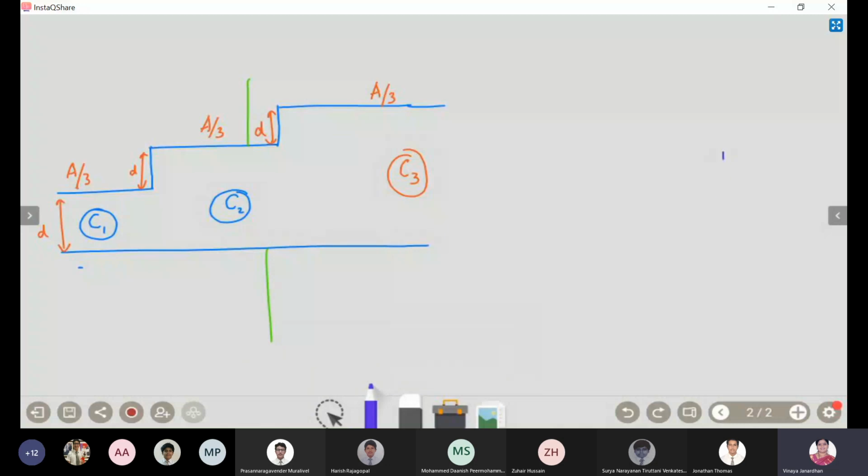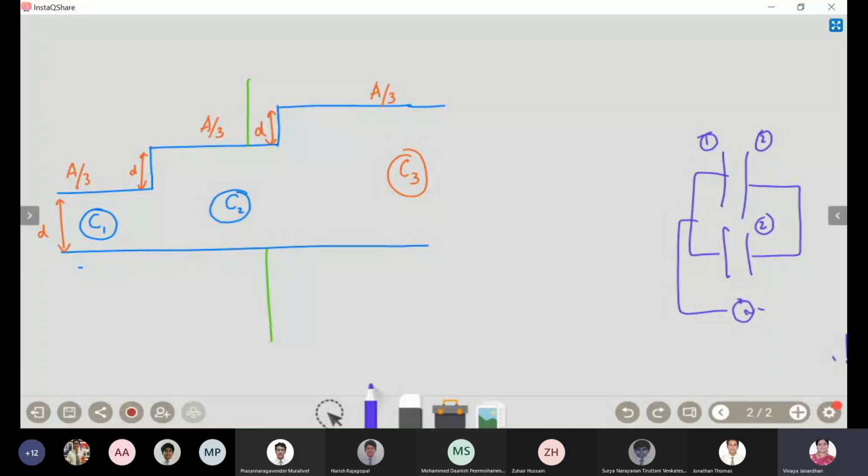Now, suppose I have two capacitors. The second plates of the capacitors are directly connected, and the first plates of the capacitors are also directly connected. Then you connect it to your electrical mains.